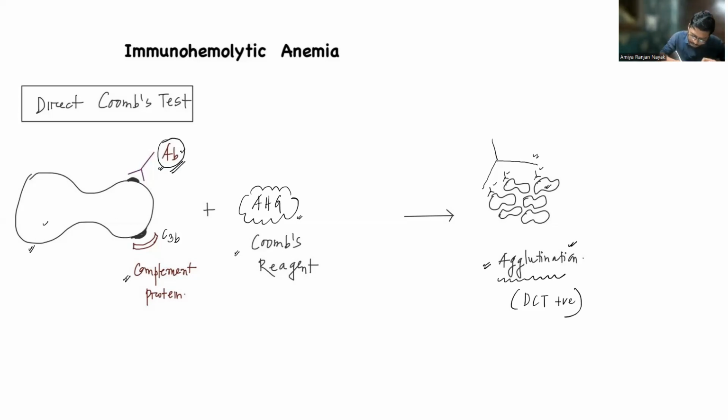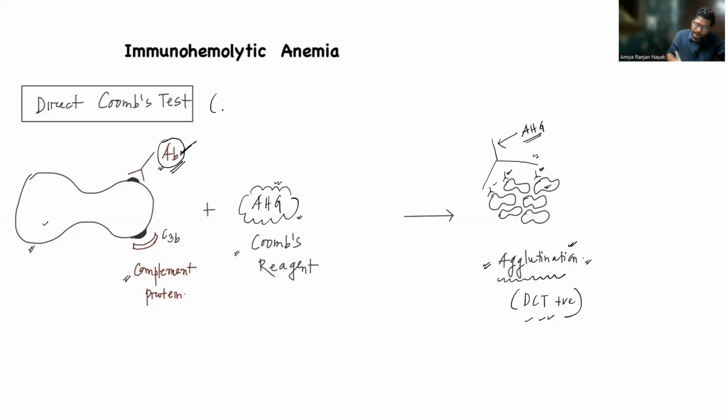So this is the pathogenic anti-RBC antibody. We are providing anti-human globulins which are directed against these antibodies. Now this anti-human globulin is identifying these anti-RBC antibodies, and they are bringing all the affected RBCs together, and they are producing this agglutination. And if you are finding agglutination, that is interpreted as DCT positive. So this is the concept of direct Coombs test.